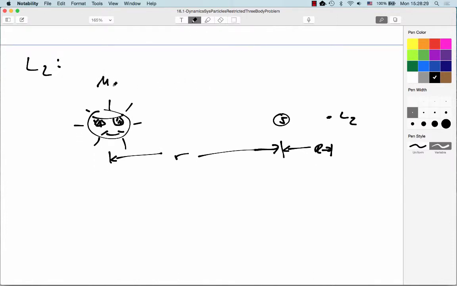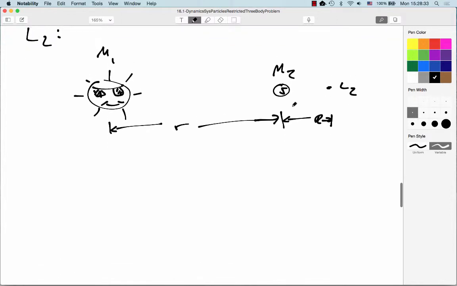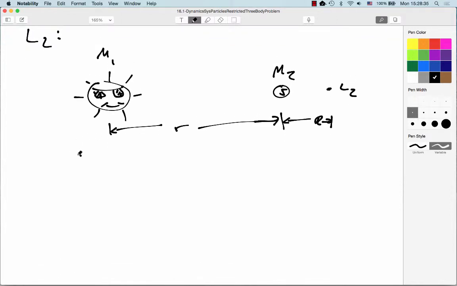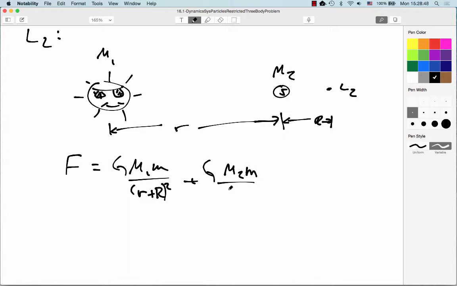And this is still M1, that's M2. So again, you can write the force law, and that'll be Gm1m over r plus R squared plus Gm2m over big R squared. So we have a sign change here and a sign change there.